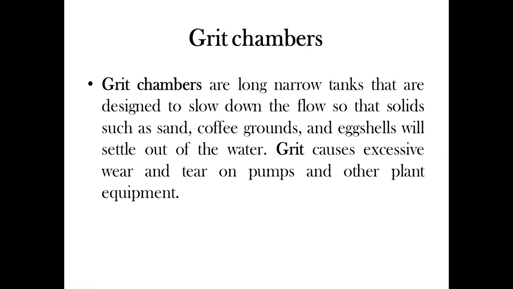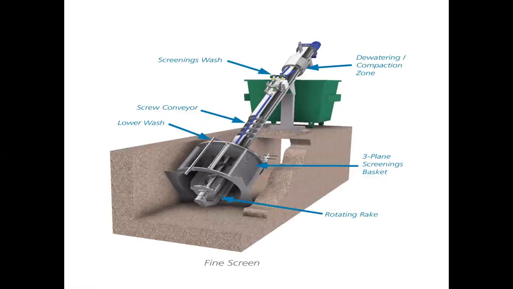Now we'll turn towards the next unit operation, that is the grit chamber. What is meant by grit, I explained to you. Let me see whether I have added a figure. Here you can see a grit chamber. Try to see very clearly.